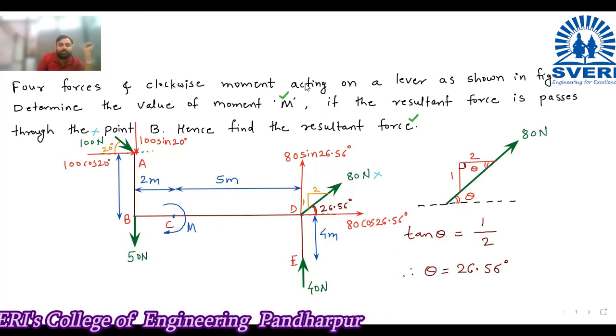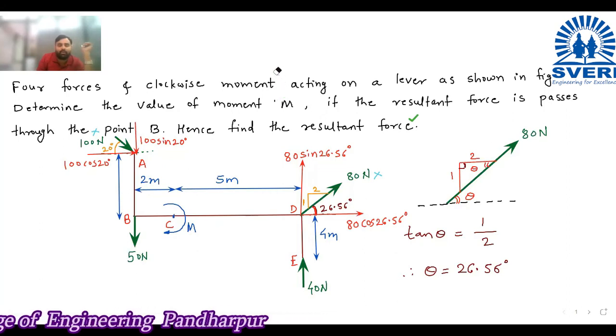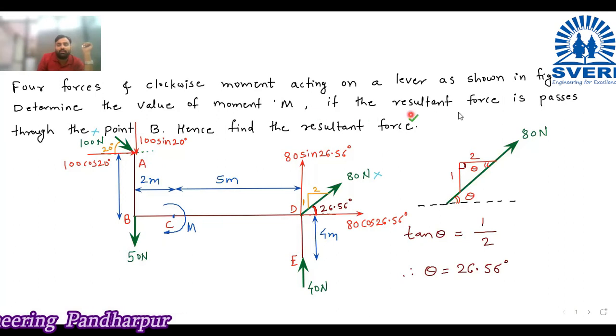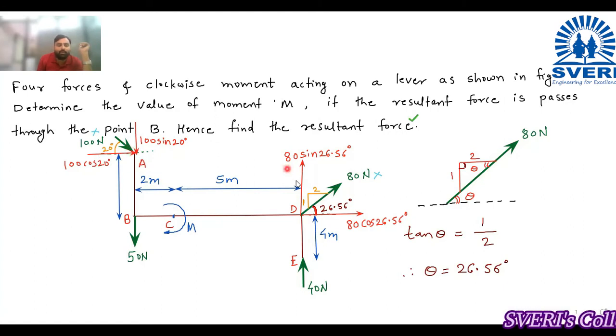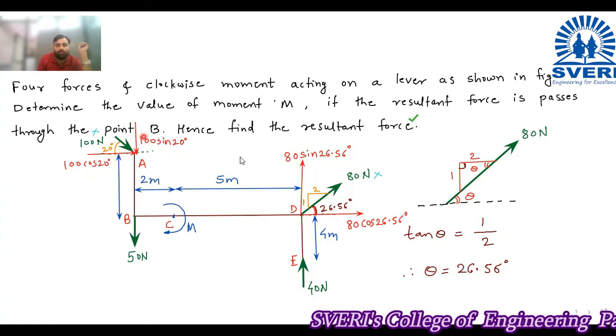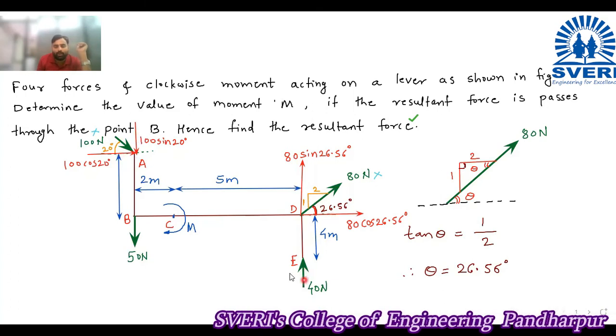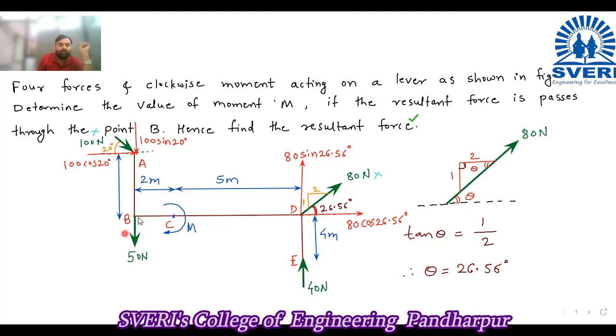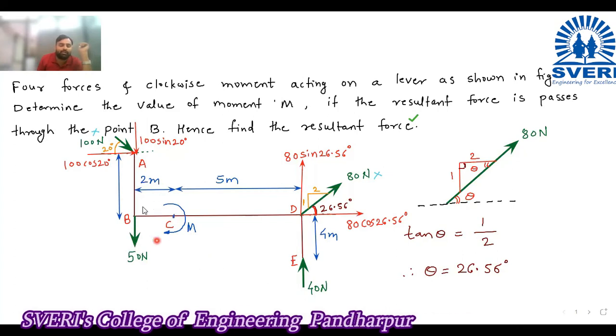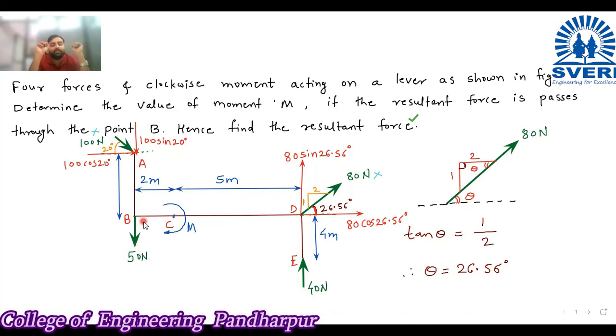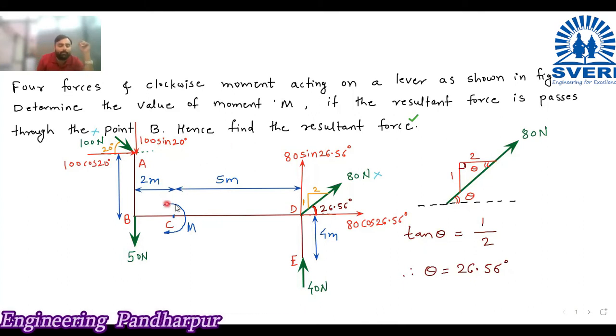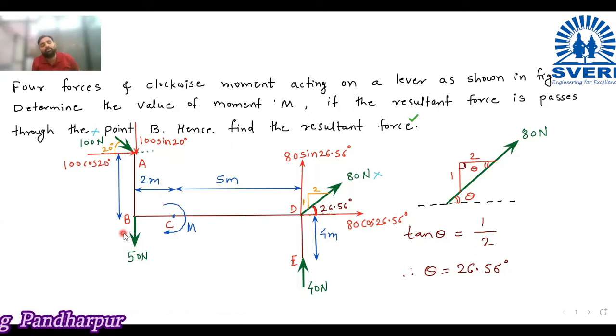They have told us that the resultant force is passing through point B. So if you take the moment of all the forces, these two, and 3, 4, 5, and 6, all these 6 forces about point B, plus this moment m about point B, it is equal to the moment of the resultant.